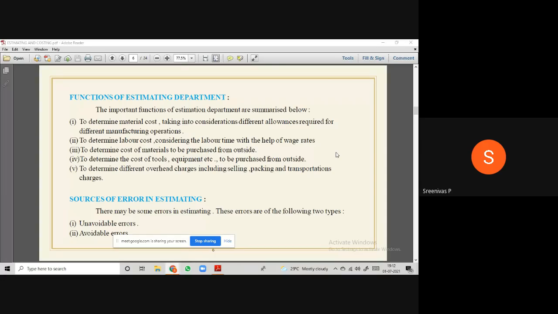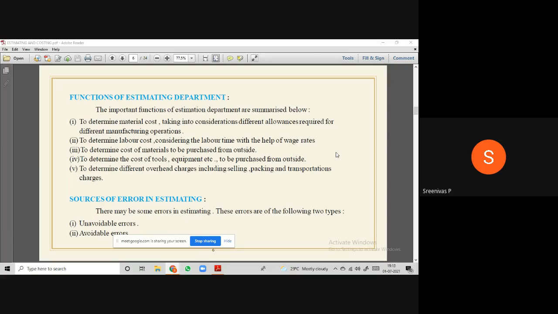In some cases, some errors may occur in estimating, knowingly or unknowingly. These errors can be classified into two types. The sources of errors in estimating: there may be some errors in estimating, and these errors are of the following two types.